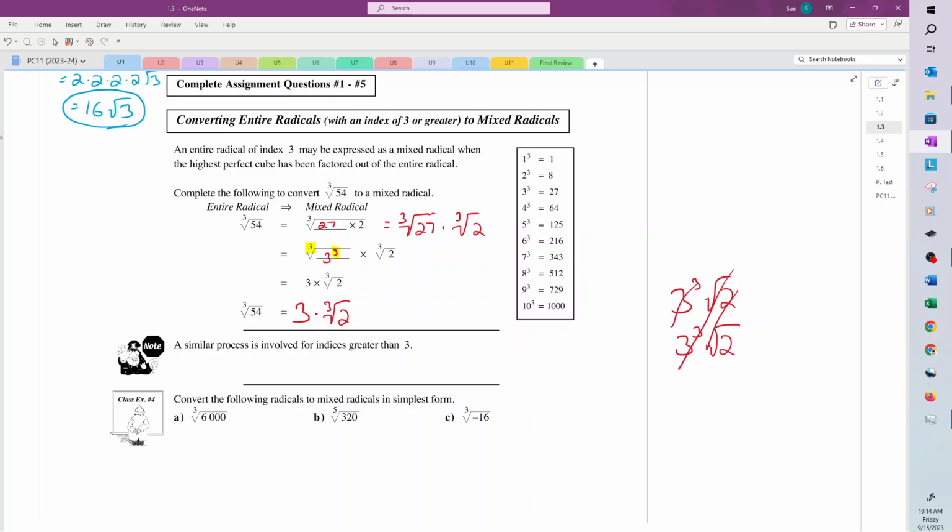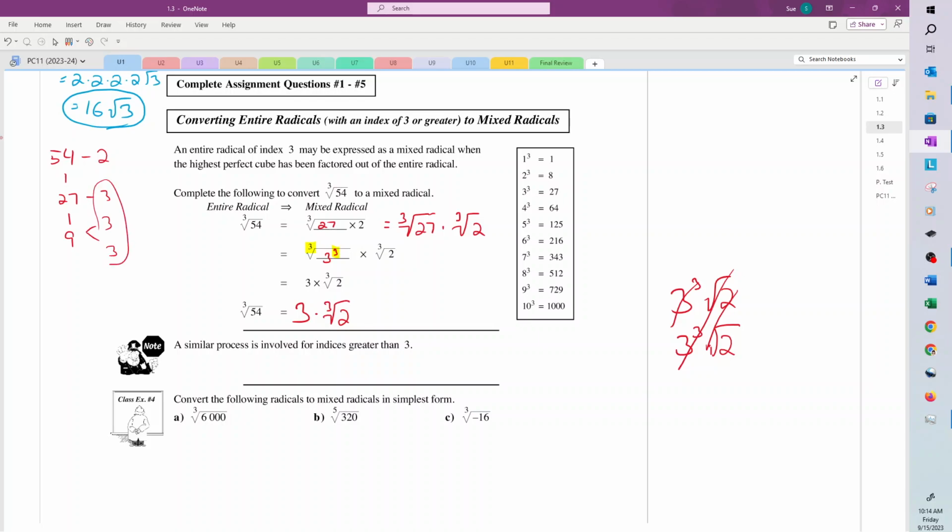All right, the other way to do this, if you didn't recognize that 27 was a perfect cube in there, is to do the prime factorization of 54. So 54, if I divide it by 2, I get 27. That doesn't divide by 2, but I can divide it by 3, and I get 9, and I get 3 and 3.